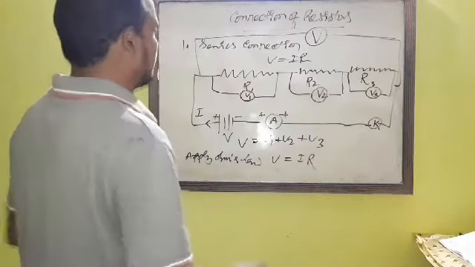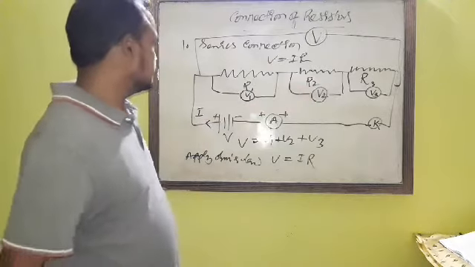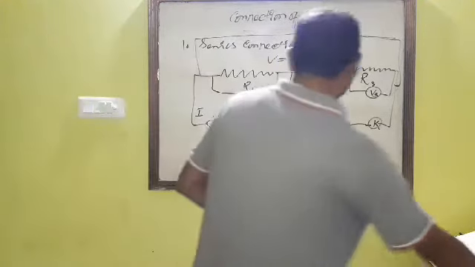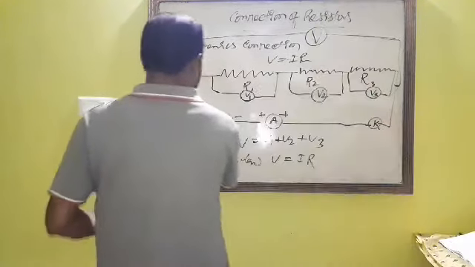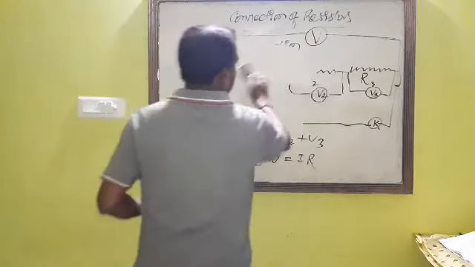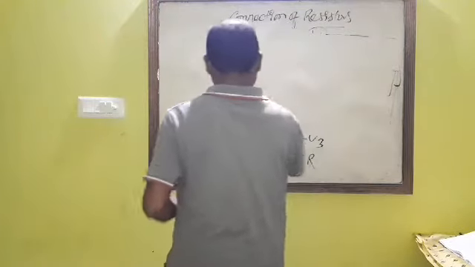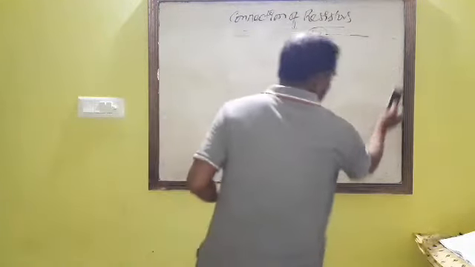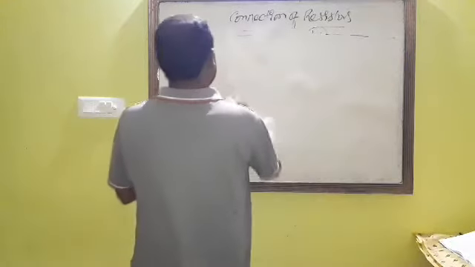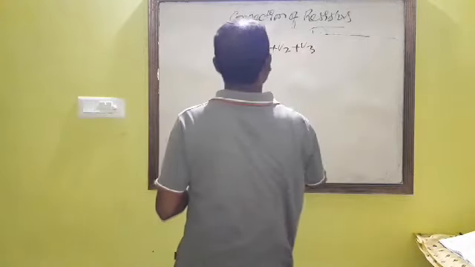Then this law will be applied to the individual resistors. Now I want to arrange the circuit diagrams because some mathematical derivation is there. In series connection, V equal to V1 plus V2 plus V3.